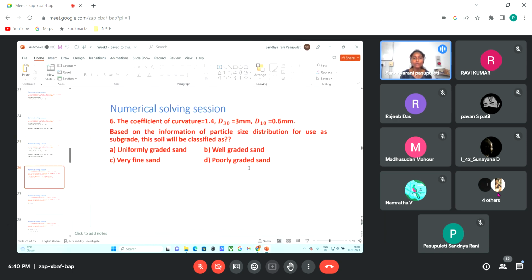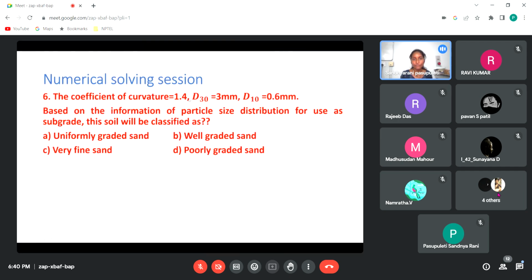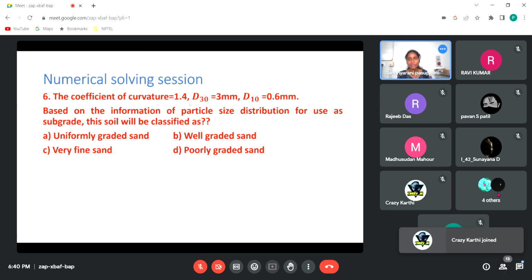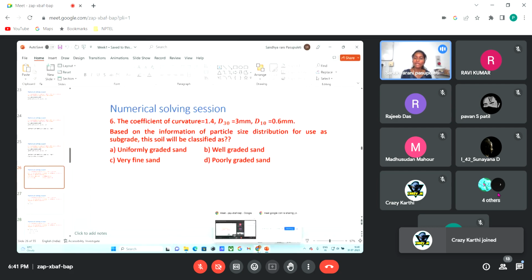So now you already know Cc is given in the question, which is 1.4, that is in between 1 and 3. So now you need Cu. If you want to calculate Cu, what is the formula? That is D60 by D10. But did we get the D60 here? No. So how can we calculate the D60 now?